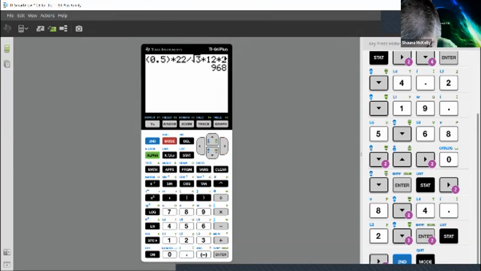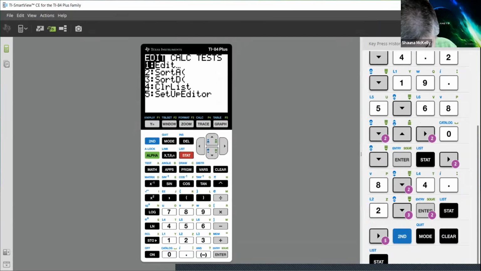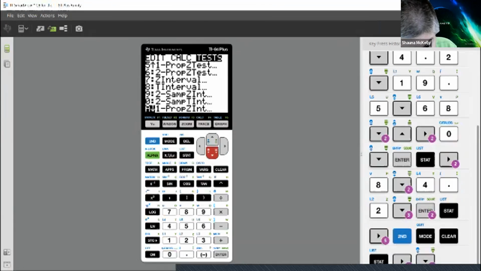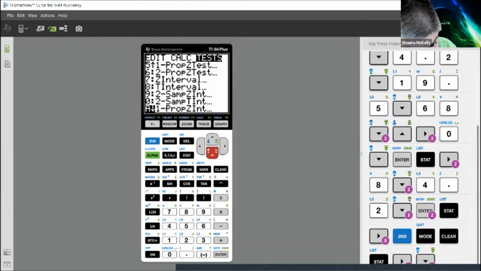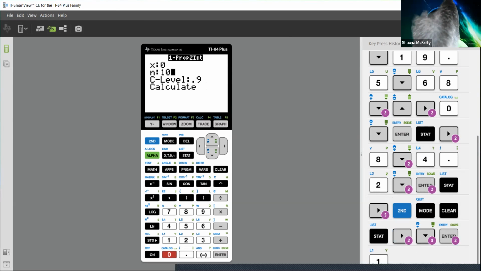Okay, so here, let me clear this out. So you have stats, you have tests, you go to the one that says 1 prop Z int. Right, 1 prop Z int. You hit enter. Your x here is 104, Shauna.